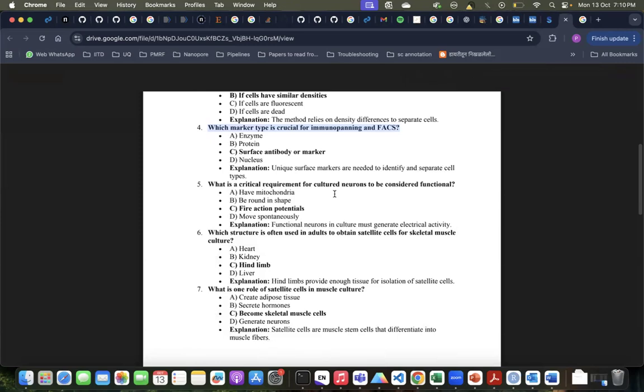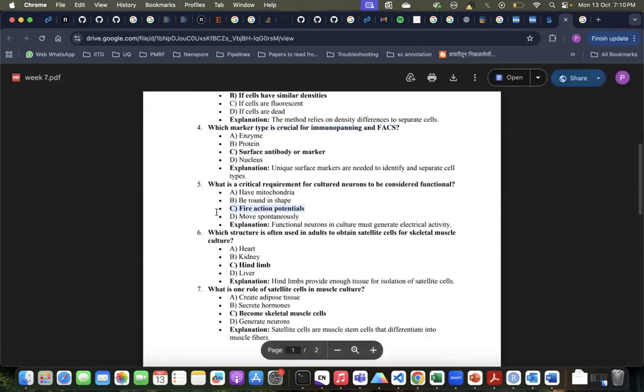What's a critical requirement for cultured neurons to be considered functional? They have to fire action potentials. What structure is often used in adults to obtain satellite cells for skeletal muscle culture? I don't think we explicitly talked about this, but oh yeah, sorry, this is not the astrocytes.